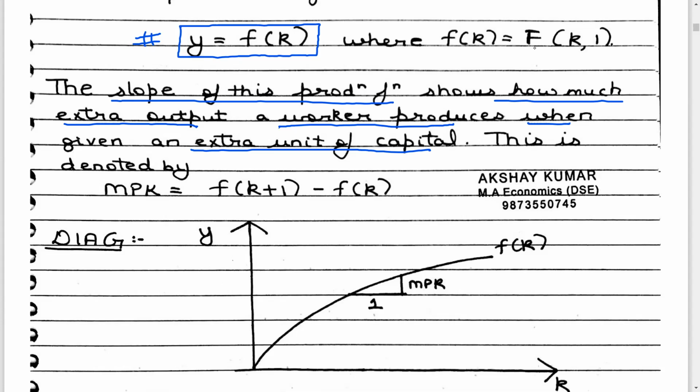In economic terms, this is also called marginal productivity of capital per worker, MPK. This means how much extra output one particular worker will produce if you hire one more unit of capital will be captured by MPK.